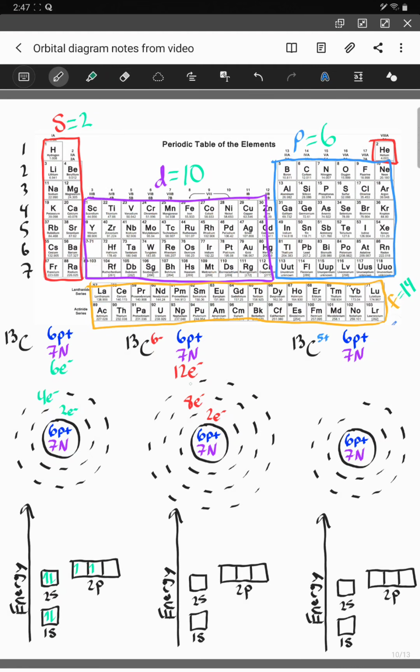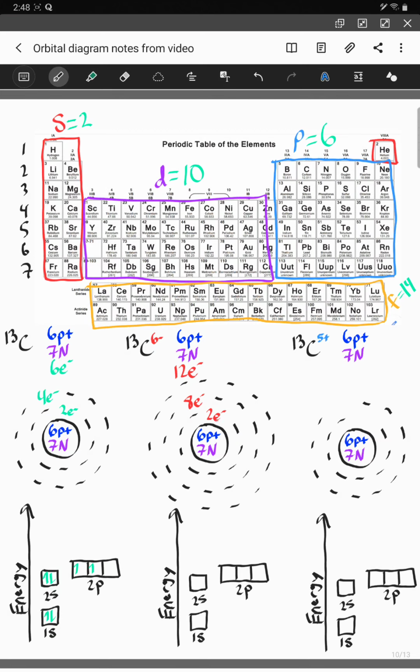Because we can never fit more than 8 electrons in the valence shell, and we especially can't fit more than 8 in the second shell, because remember that equation 2n squared? That's the maximum number of electrons that can fit in each shell, where n equals the shell number or energy level.